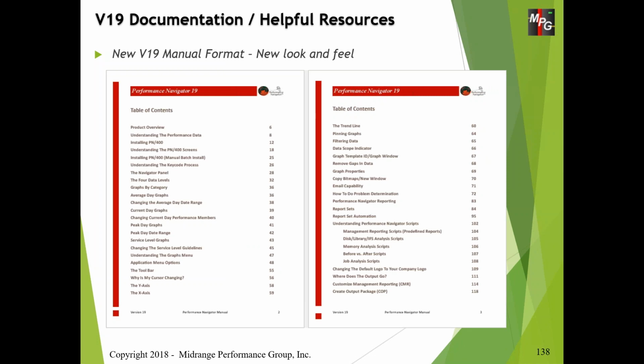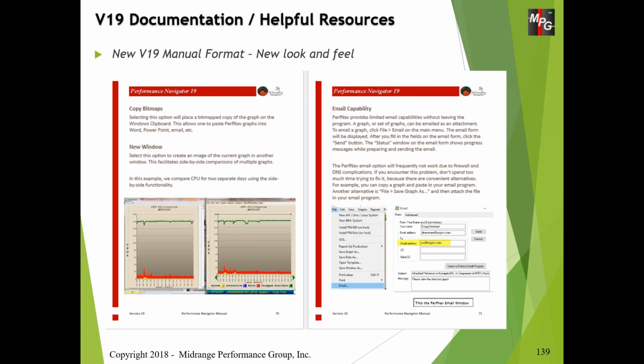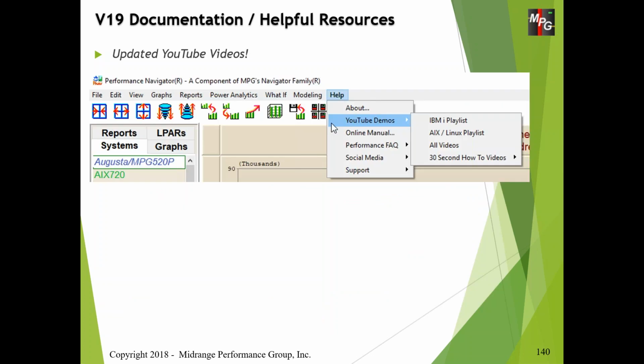I've already had a customer call in and say, wow, this manual is great. So you can download this and you can see just a very, very easy look and feel. We updated our YouTube videos with version 19 stuff, so you can see under the help command, you can get to those.